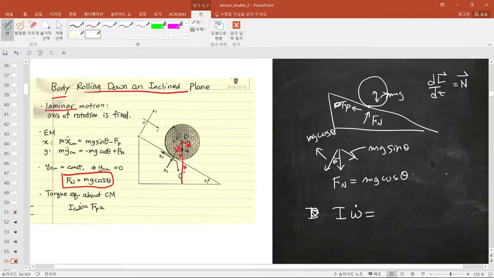The torque about this point O is Fp times a. The normal force does not produce any torque because it points toward O. So the torque is Fp times a. That is the three equations which solve this problem.